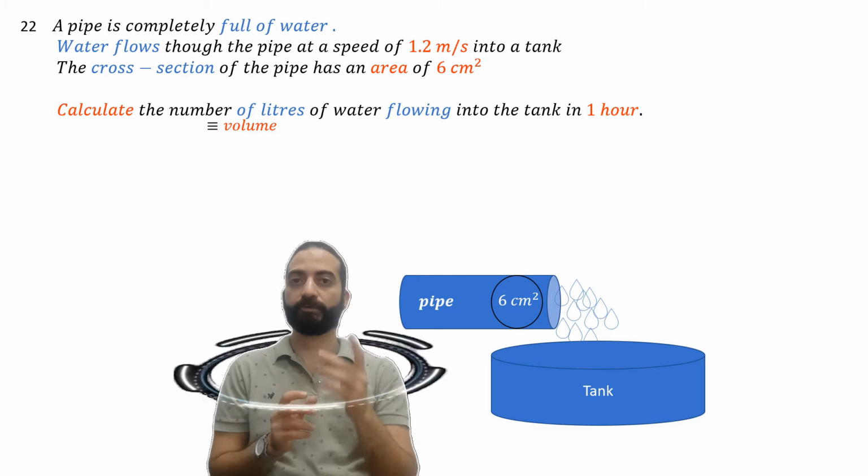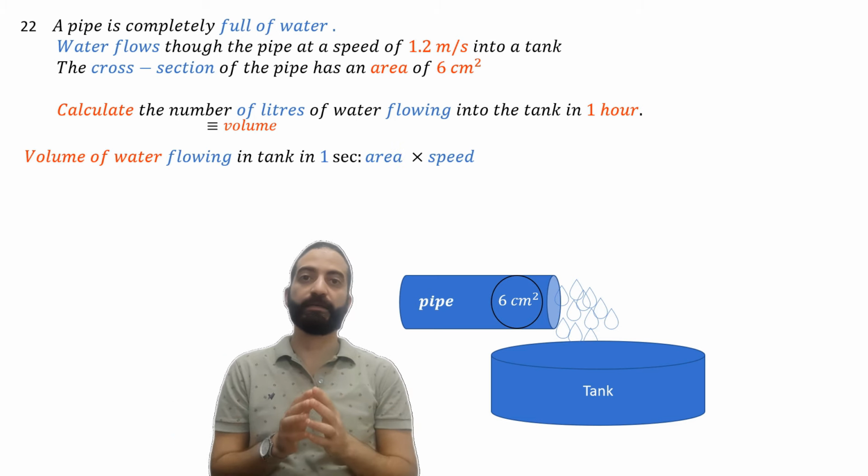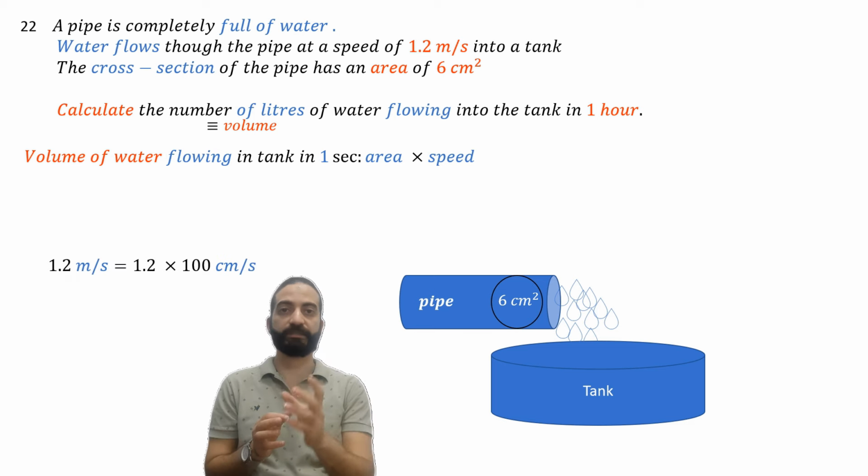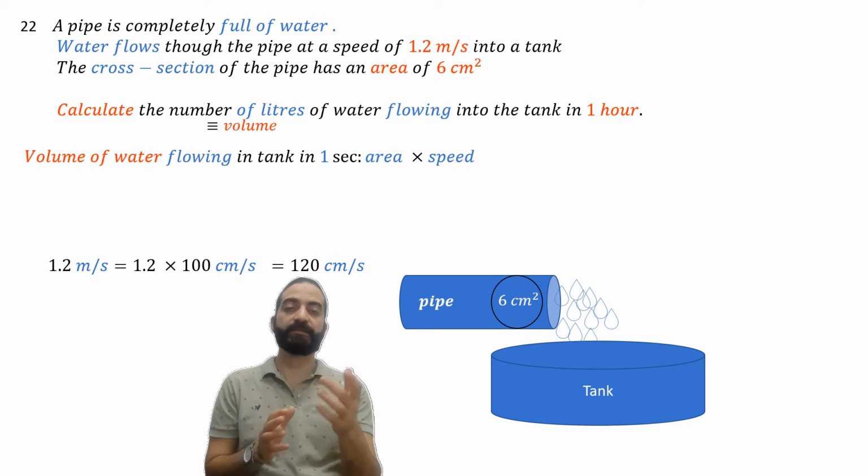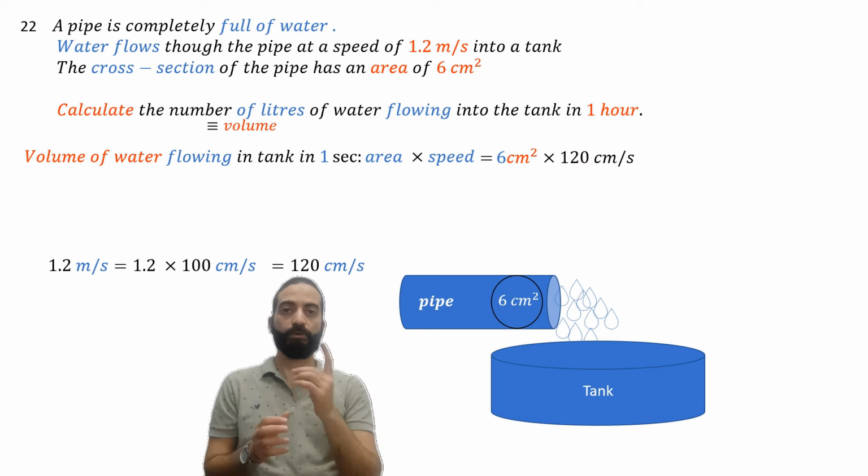Volume of water flowing into the tank in 1 second equals area times speed. But the area is in centimeters and the speed in meters per second. So we must convert meters per second to centimeters per second because the area is in centimeters. From meters per second to centimeters per second, we must multiply by 100.